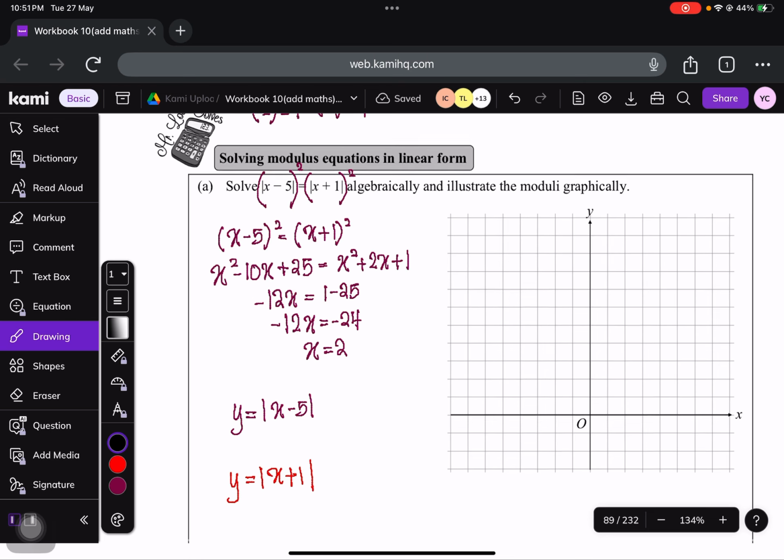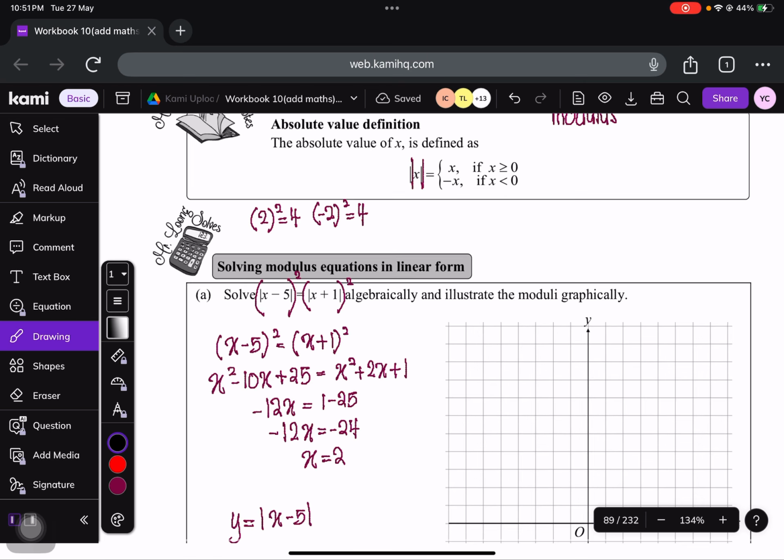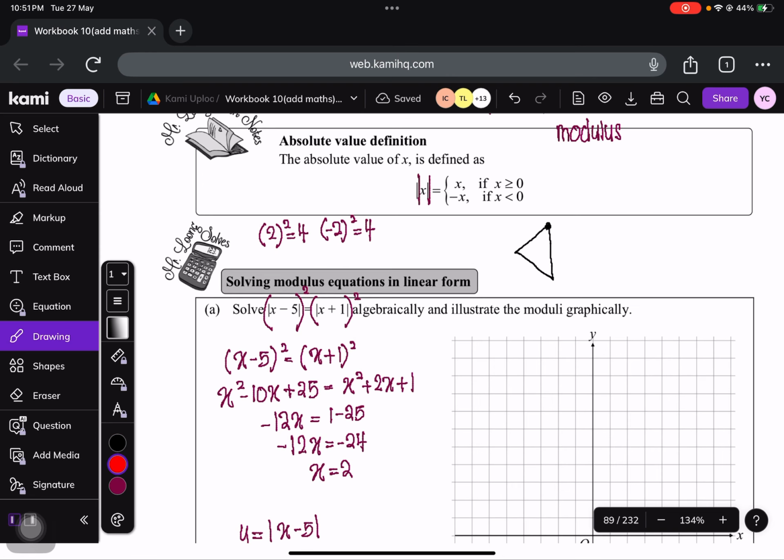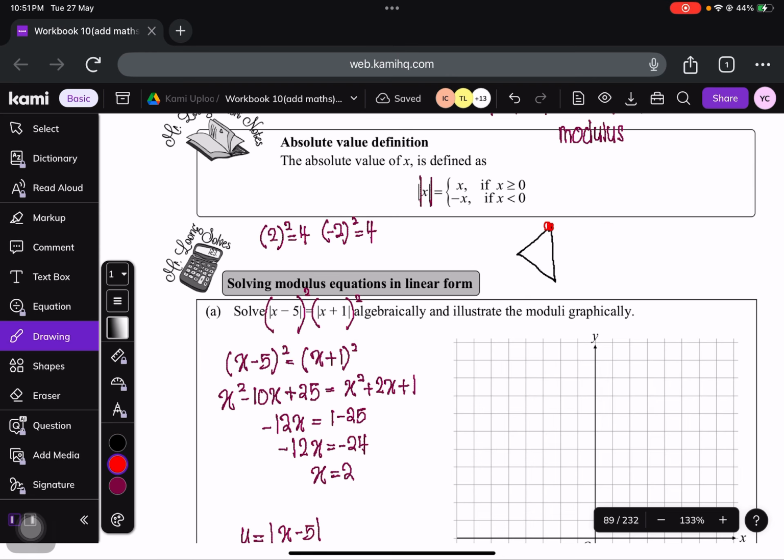For example, if I have a triangle, these are all the vertices. This sharp point here, this sharp point here, and this sharp point here. These are all the vertices. This is the vertex. So I want to determine the vertex, the sharp point of the graph, first.